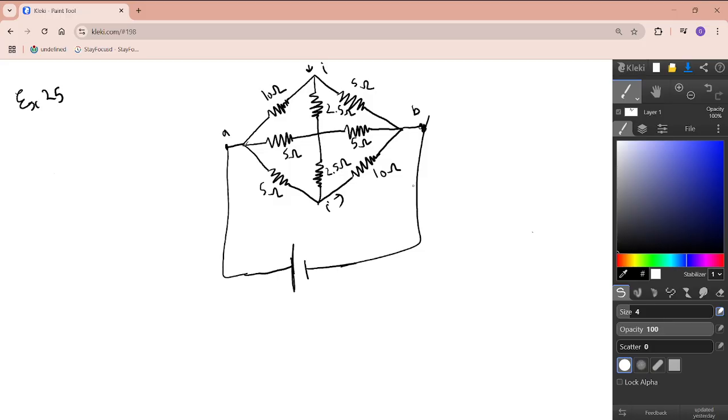Because changing the polarity doesn't change the distribution of current in such cases, it just changes the direction. Direction of I has changed, it's going out.